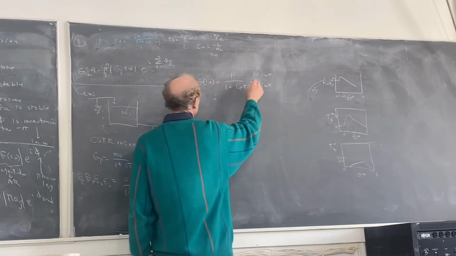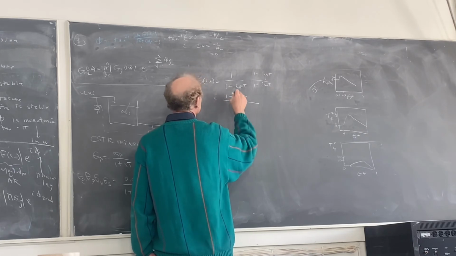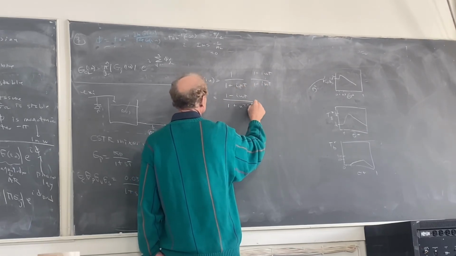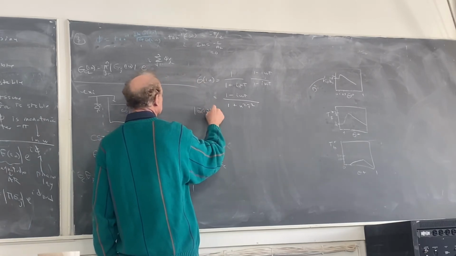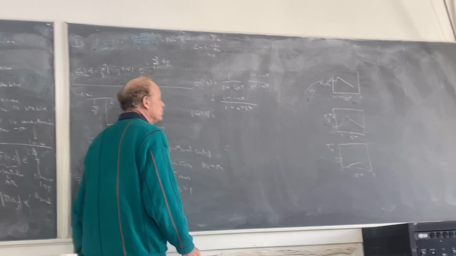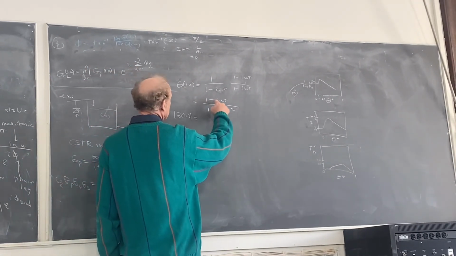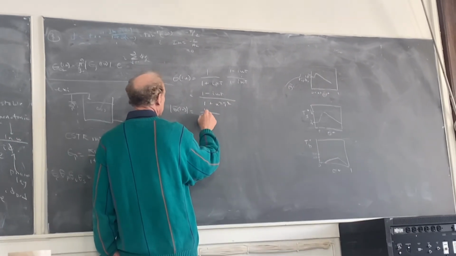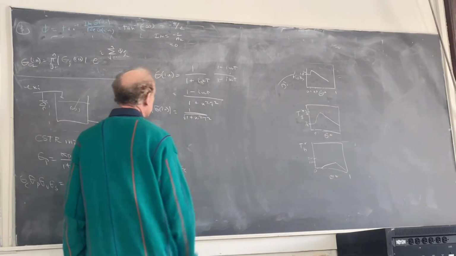And if I do that, I get 1 minus i omega tau divided by 1 squared plus omega squared tau squared. So the magnitude of G of i omega, we did this calculation earlier, is the square root of 1 squared plus omega squared tau squared over 1 plus omega squared tau squared, which is 1 over the square root of 1 plus omega squared tau squared.